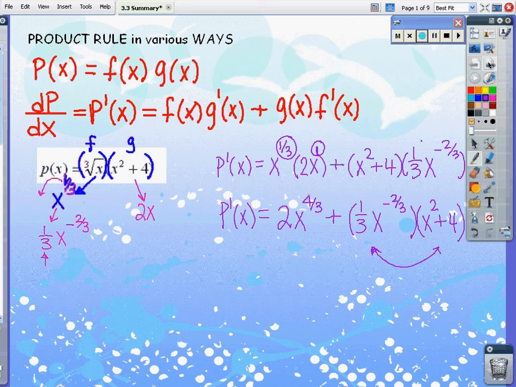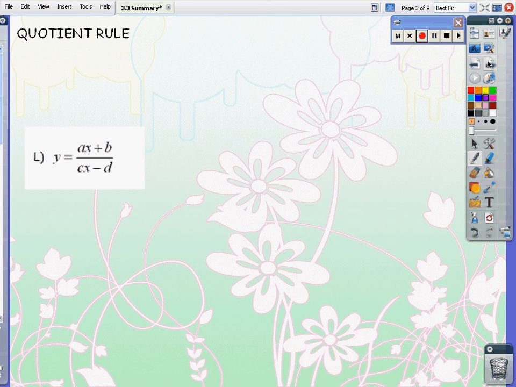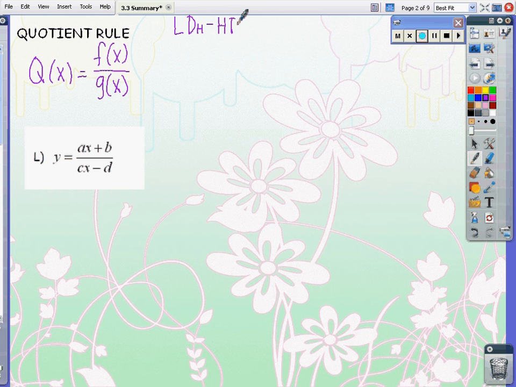Next problem. We are going to do the quotient rule. Just to remember how to do it, our quotient rule, q of x, is equal to a function on top divided by another function on bottom, and this is our little mnemonic device: low d of high minus high d of low all over low squared.